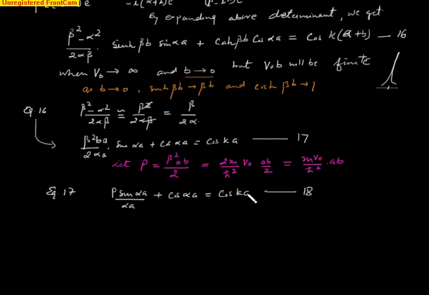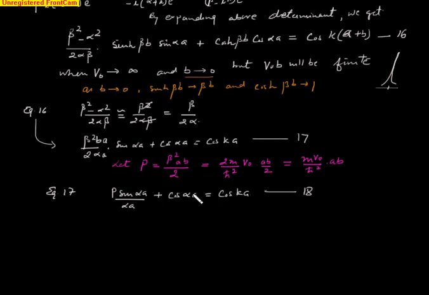Now solving this equation number 18 is also a very tedious and complicated job, but we can analyze this equation graphically, and the method of analysis is that we plot the graph of this left hand side term with respect to alpha a, because alpha a is the variable here.